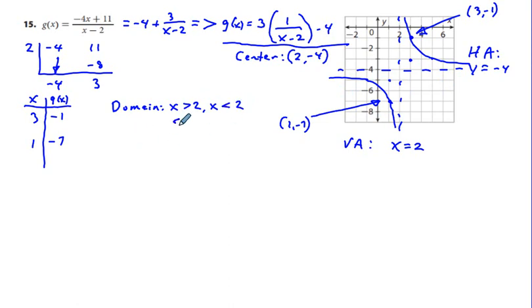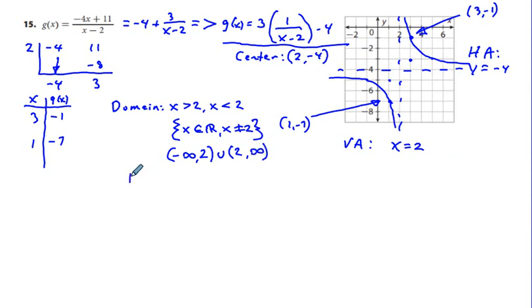And then in set notation, we have x is an element of all real numbers, but x cannot equal 2. And finally, in interval notation, we have (-infinity, 2) union (2, infinity).